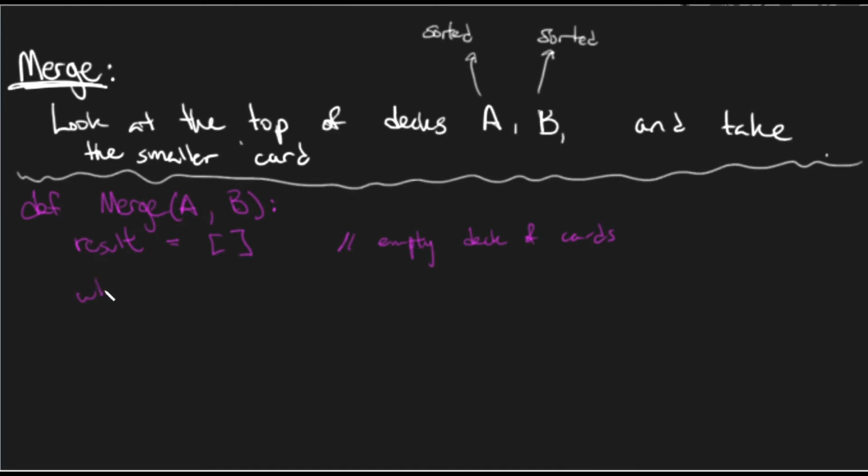And what we're going to say is that while A is not empty and B is not empty, in other words, as long as both A and B contain cards, there's cards in both decks. While there's cards in both decks, what are we going to do?